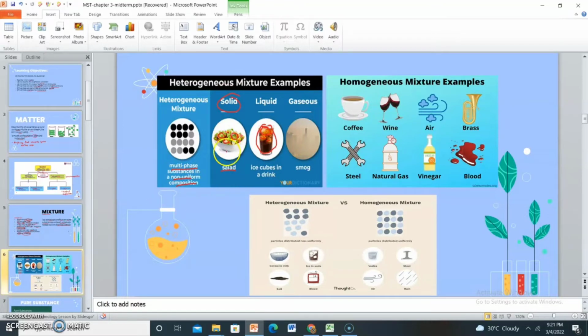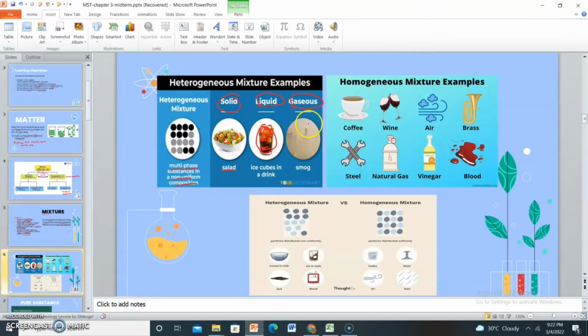Different kinds of vegetables we combine, magiging salad, but with our naked eye, ma-identify natin kung anong mga substance na combination ng different vegetables. Under the liquid naman, for example, is the ice cube in a drink. Hindi siya nagiging solution, makikita pa rin ang ice cube in a liquid.